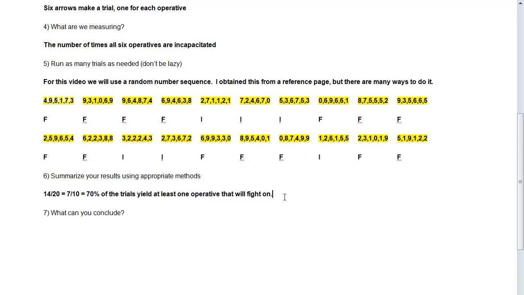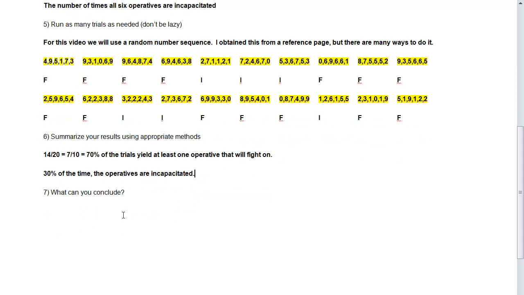Oh, so that was the fight on. So that means that 30% of the time, the operatives are incapacitated. Right? So 30% of the time, the operatives are incapacitated.